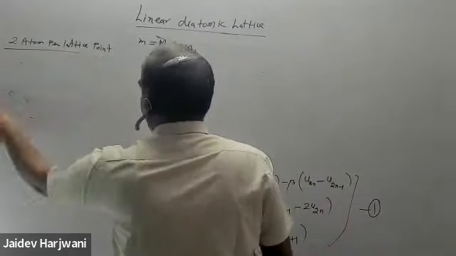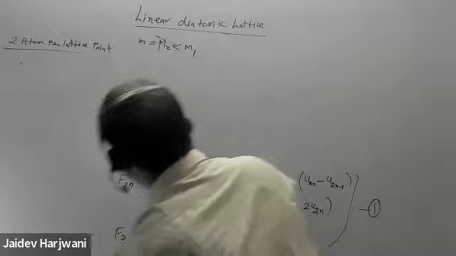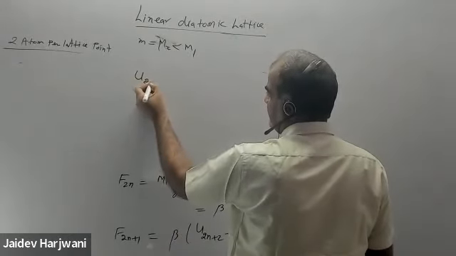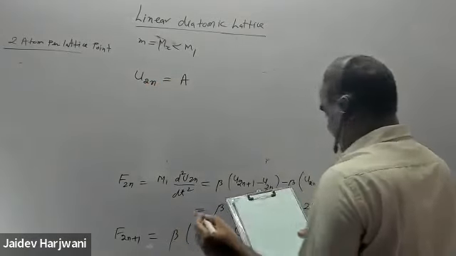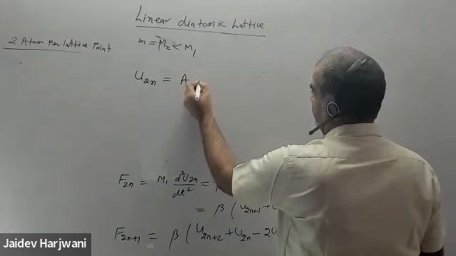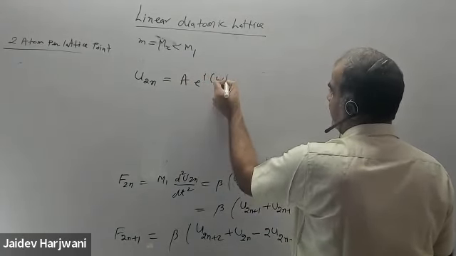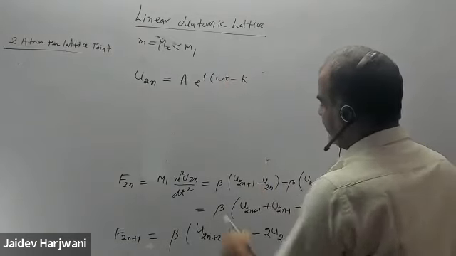Now I am writing the traveling wave solution. For the heavier atom, I am representing the amplitude as A, so I can write e to the iota (kx minus omega t), or omega t minus kx. So what is x for another atom?